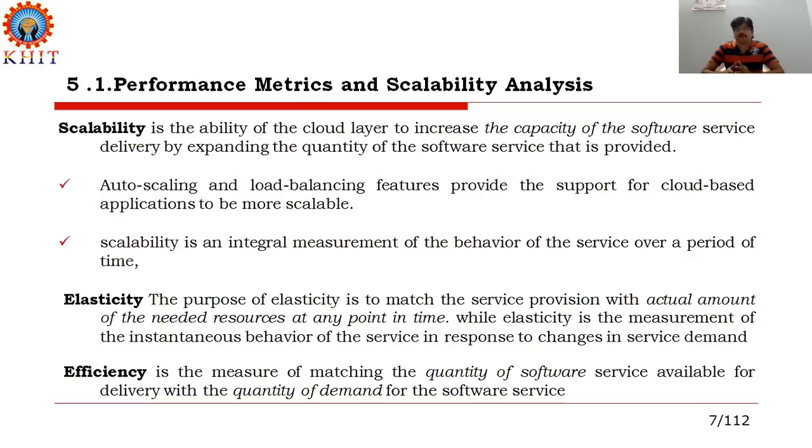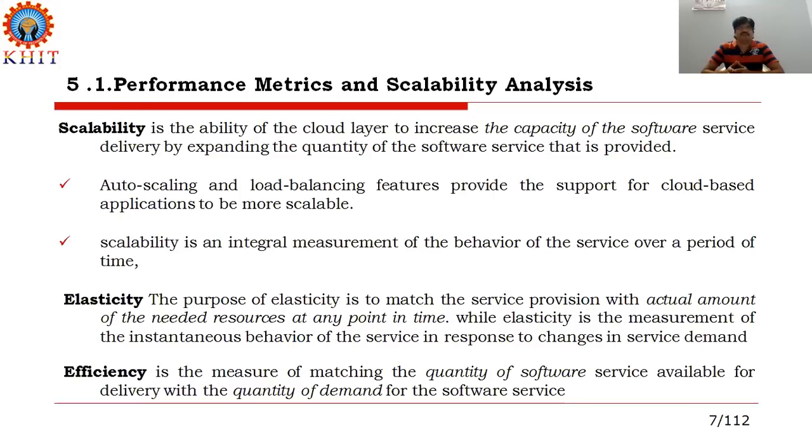To overcome the problem, we need to automate it by adding new servers to the existing server based on the demand and service.